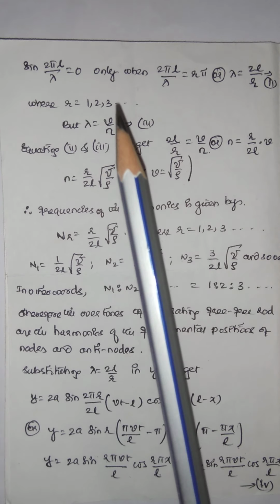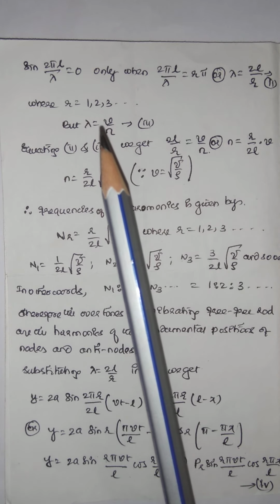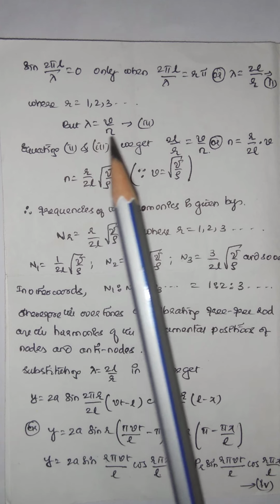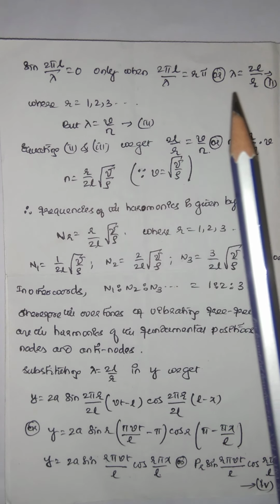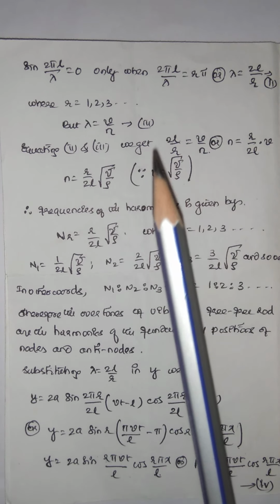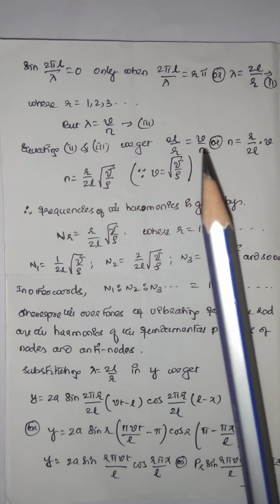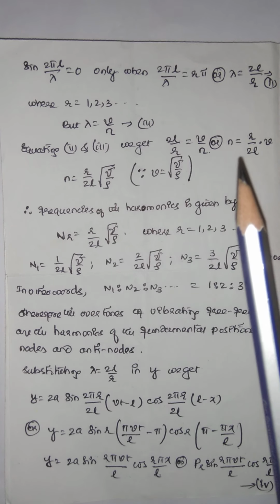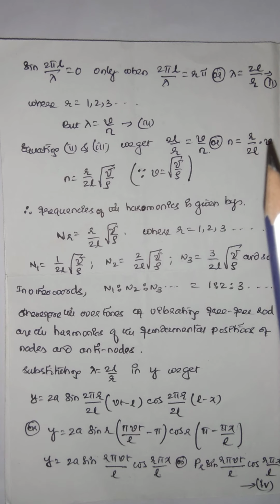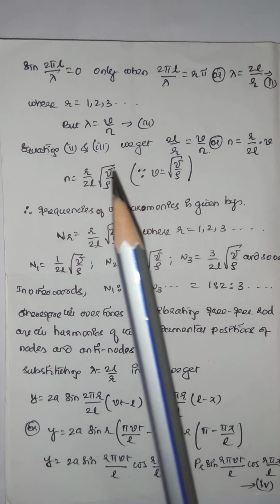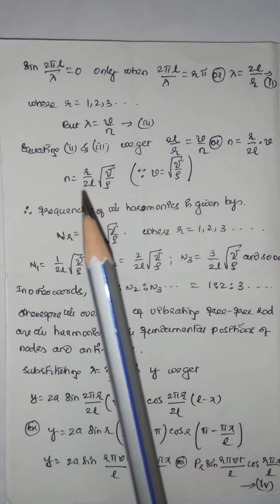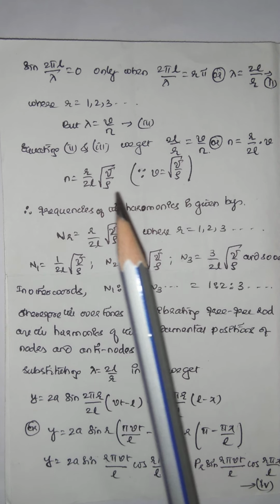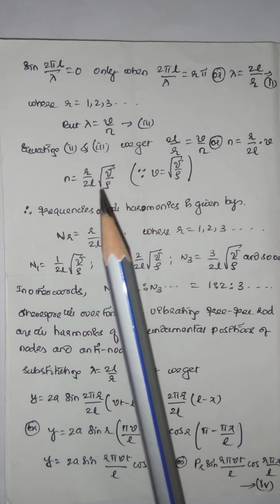But lambda is equal to V by n. On account of substitution and on equating these two values of lambda, we have 2L by r is equal to V by n, or n is equal to r by 2L into V, where V is equal to square root of gamma by rho.